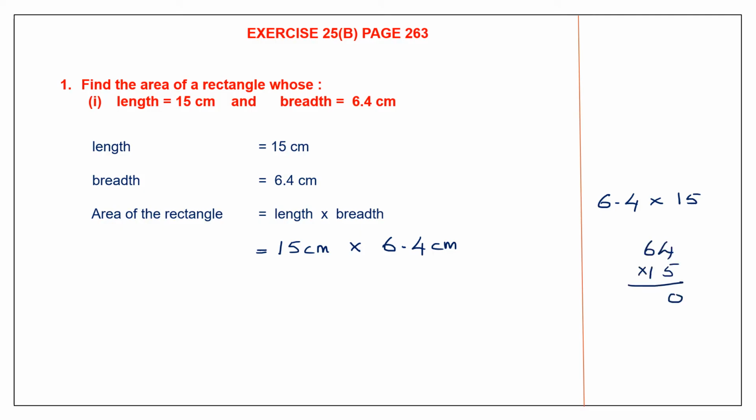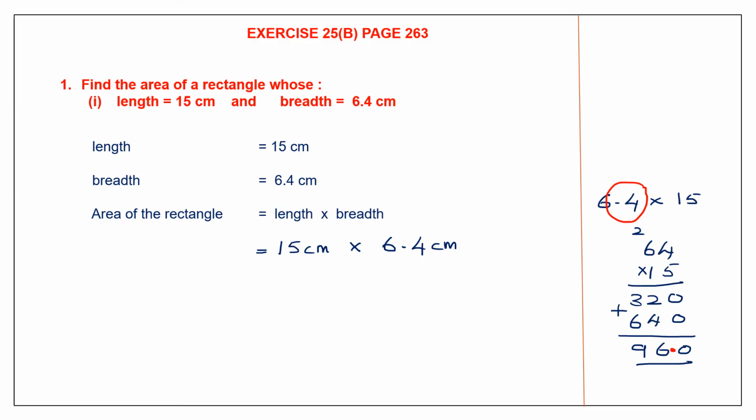5 fours are 20, carry 2. 5 sixes are 30 plus 2 is 32. Second step, 1 four is 4, 1 six is 6. We add up these: 0, 2 plus 4 is 6 and 3 plus 6 is 9. Now let's go back to this question. In this question there is one decimal place. So our answer also should have one decimal place.